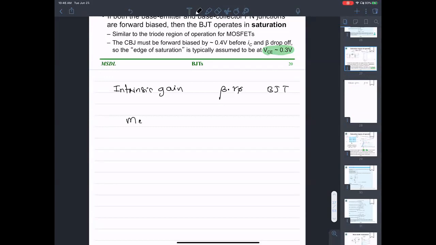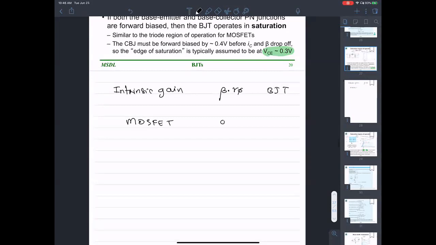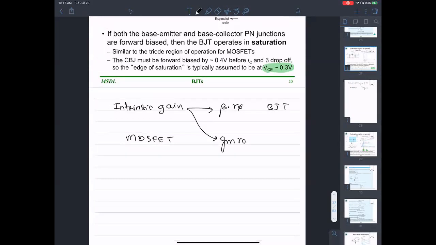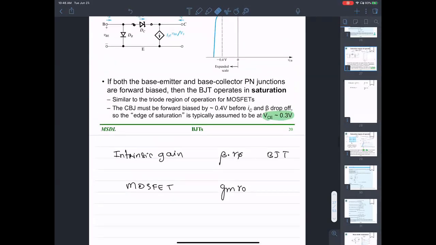For a MOSFET, the gain that you can get is GM R naught. The intrinsic gain is the maximum gain that you can get. If you add a resistance in parallel, you'll get a lower gain. And these gain values are negative, they're inverting, as we'll see shortly.